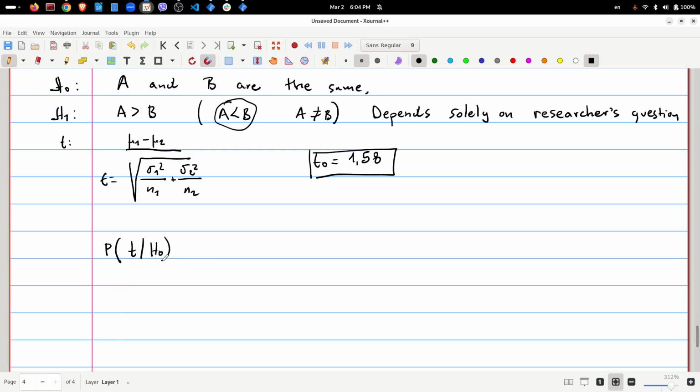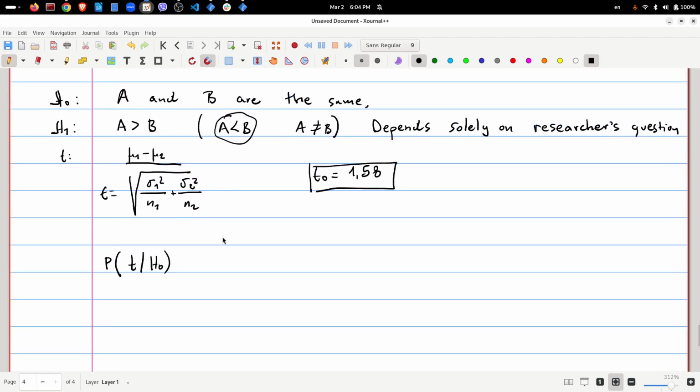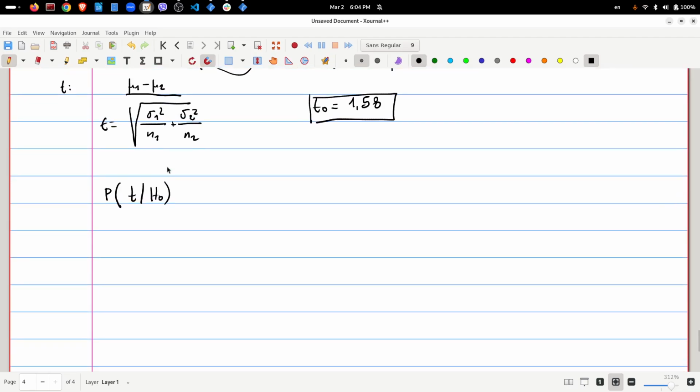So when in reality there is no difference between the two groups, when these distributions are the same, then what is the distribution of t? Now this can be calculated mathematically, and actually R and Python and all these programming languages know about it. And let's say that it's a distribution that looks like that.